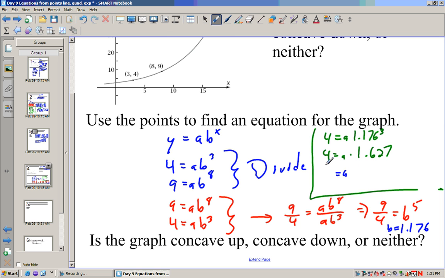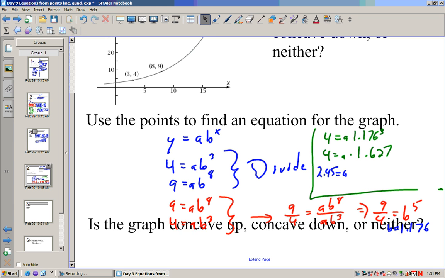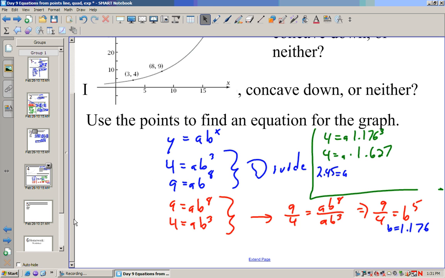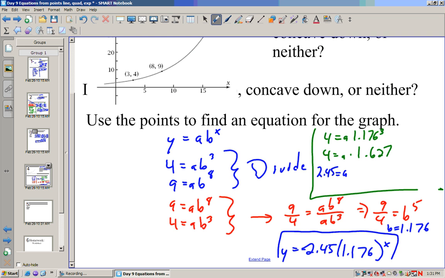So a is equal to 2.45. So now what I have to do is write this equation. Y is equal to, my a value is 2.45 times my b value, 1.176, to the x power.